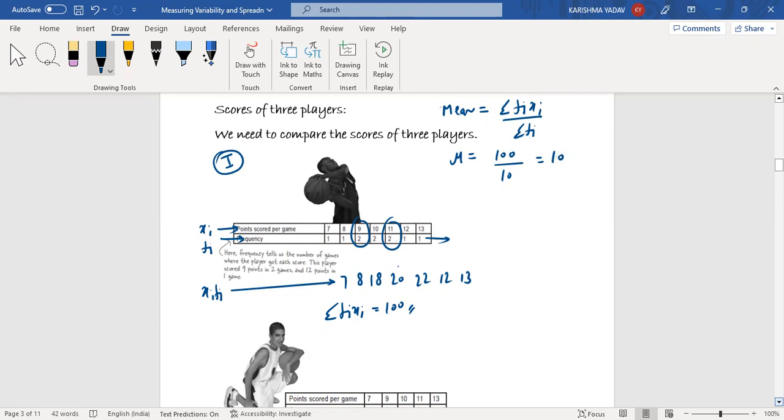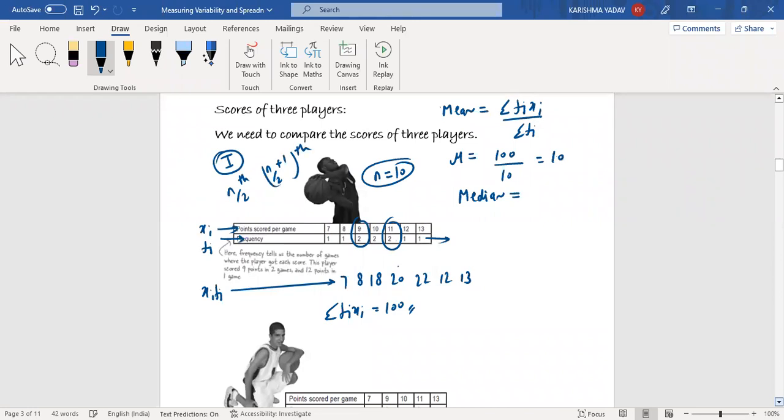Now what is the median for the first player? As we know, n is equal to 10, which is an even number. Whenever we have an even number, the median is the average of the n by 2th term and the n by 2 plus 1th term.